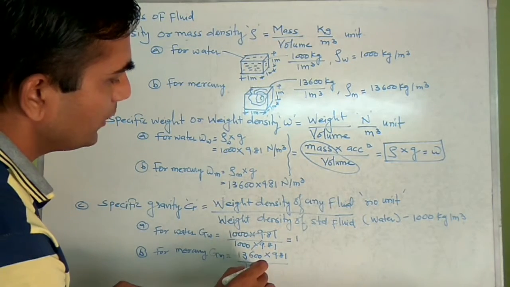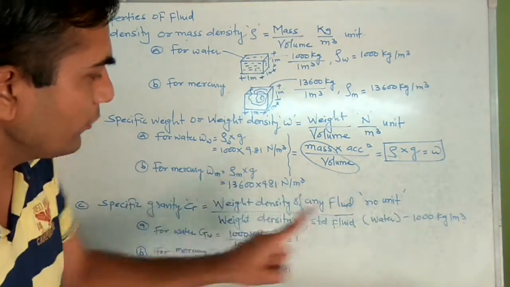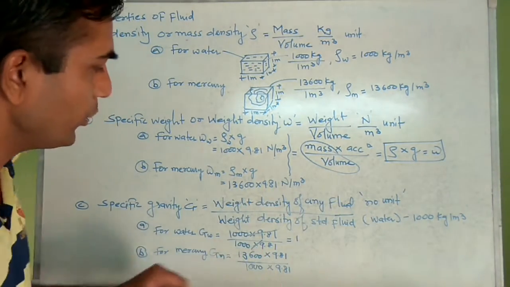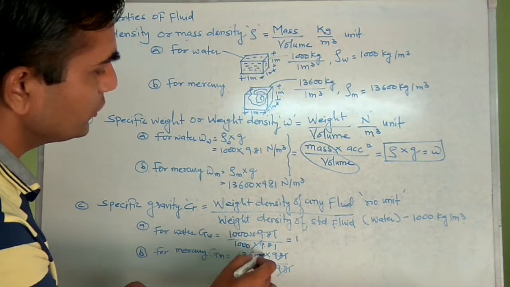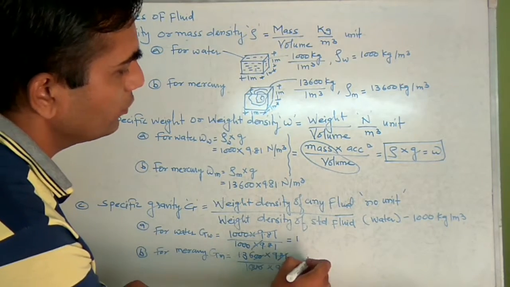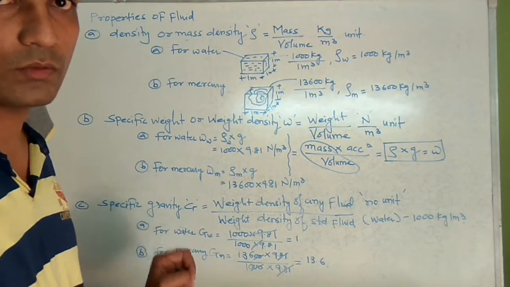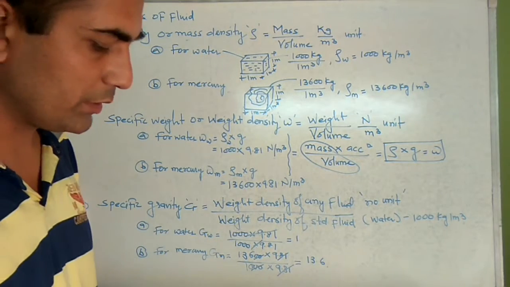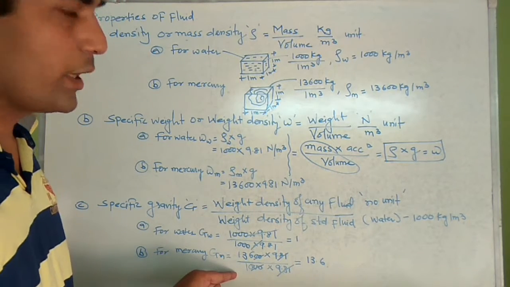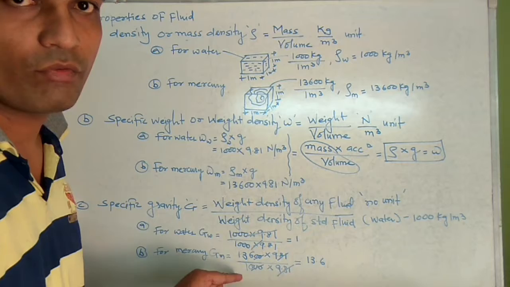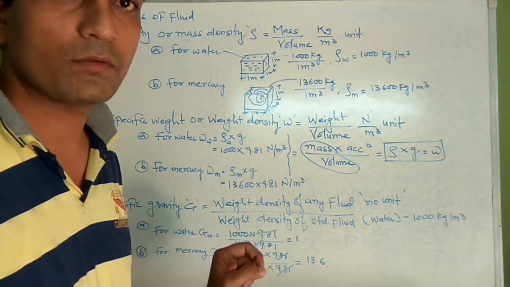So 1000 multiplied by 9.81, because this is density and we need weight density, so multiplied by 9.81. So 9.81, 9.81 get cancelled, the double zero gets cancelled, and you'll get the value 13.6, that is the specific gravity of mercury. So from this value you may calculate this specific gravity. Basically, why we need specific gravity? To calculate the weight density of any material. That is the basic reason behind knowing this specific gravity.